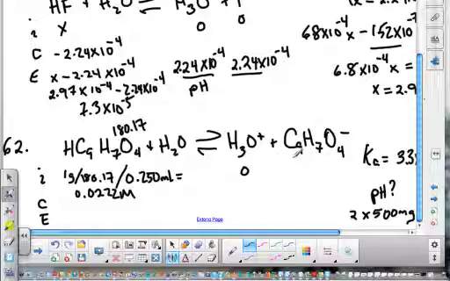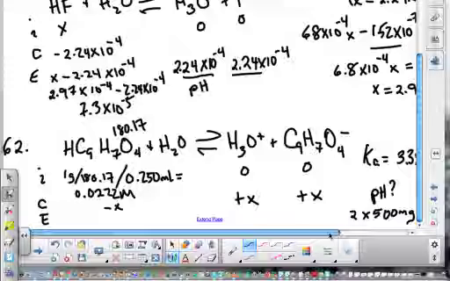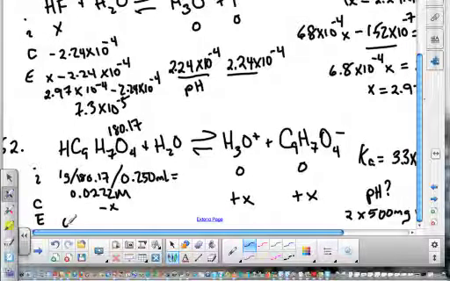No products, plus X, minus X. I've got a K that's really close, so can I make the approximation?